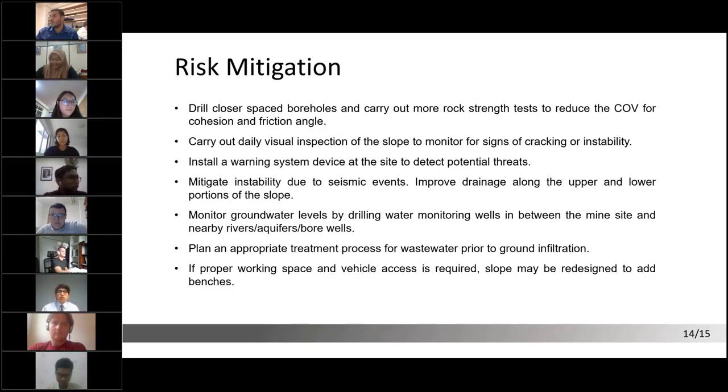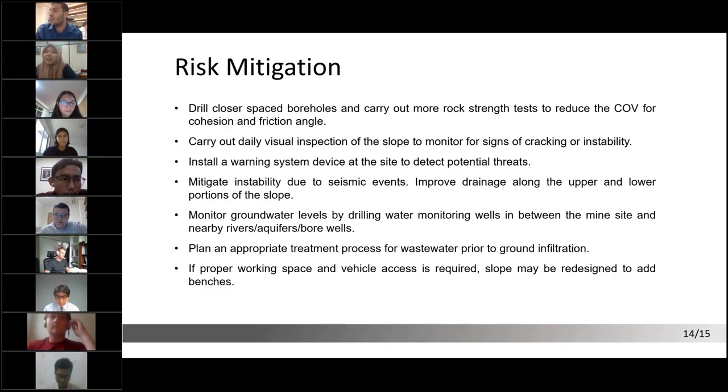That would be important because that costs money too. But drilling more boreholes does cost more money. And if it's only to test the rock strength, then maybe it's not necessary unless we decide to do these extra tests down the hole. So yeah, that's a good point.